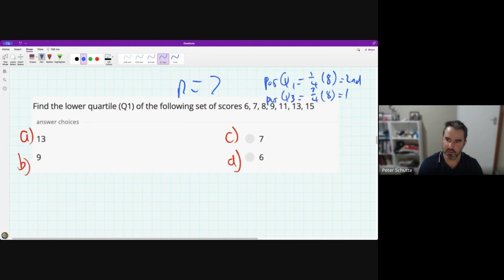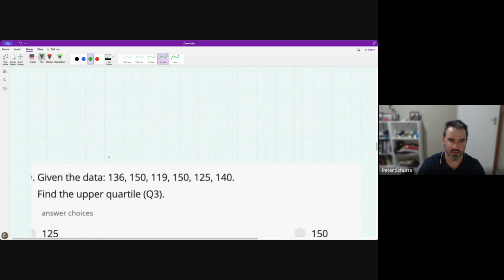So that's the 6th. Oh, but I don't need that. I just need the lower quartile. So all I need is the second position, which is there, which means the answer should be C. Fantastic. And I see everyone got C, so that's good.